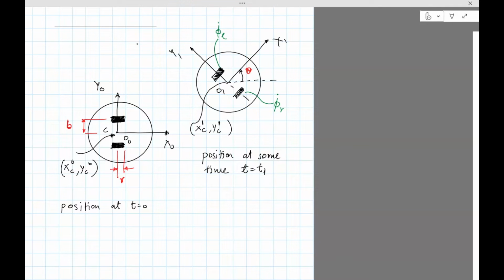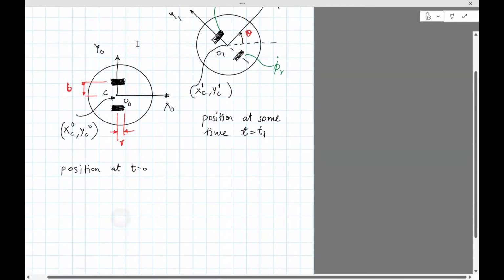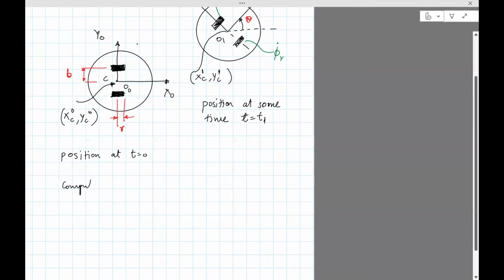As the car moves, frame 1 will move, and really we care about how it's positioned with respect to the world frame. So my goal here is to compute xc, yc.